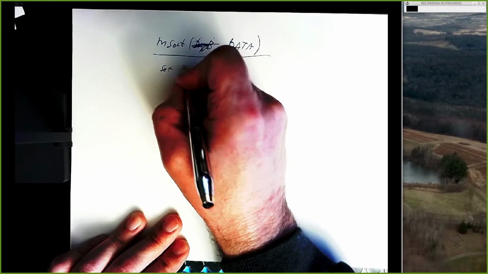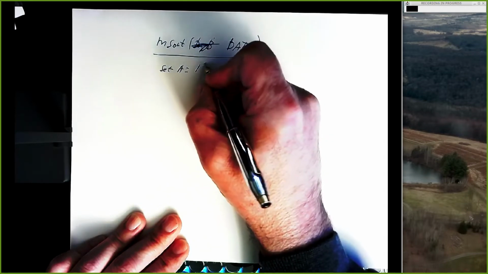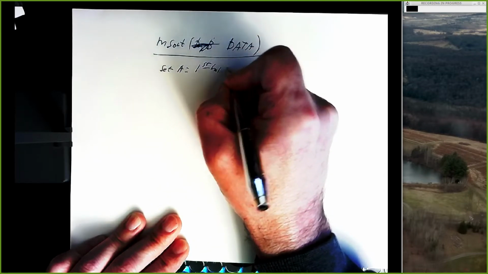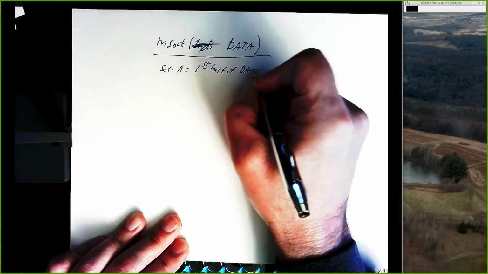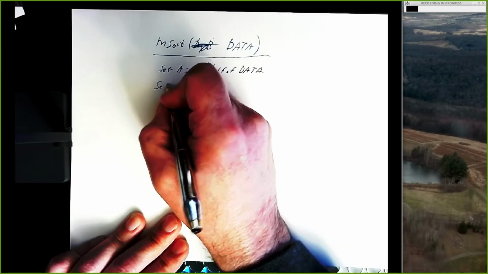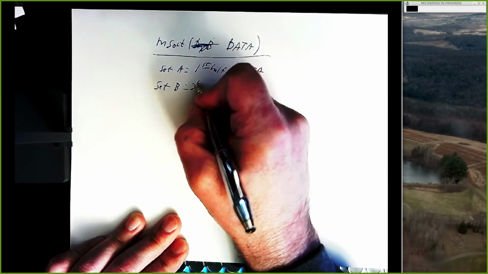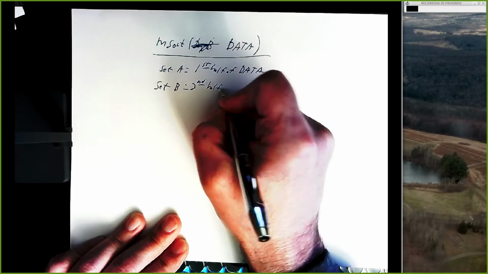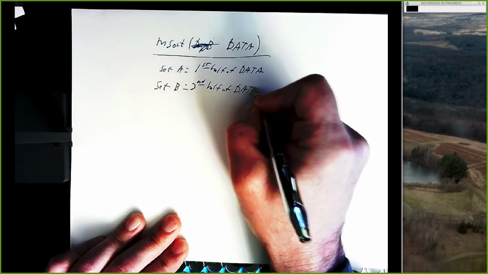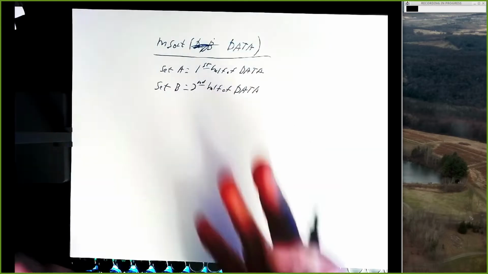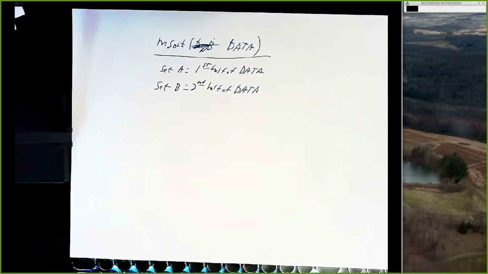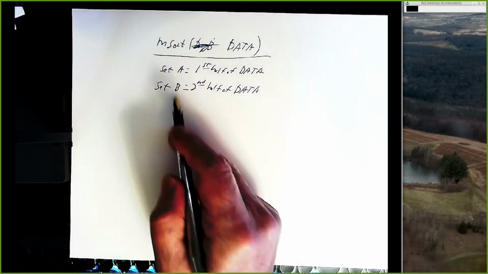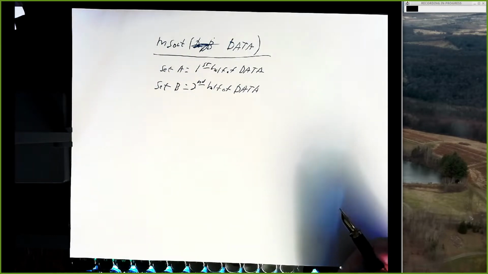So set A equal to first half of data. Set B equal to the second half of data. And if there's an odd number of things, one of them will be a little bit longer than the other. But basically break my data into 2 pieces. I'm going to set A to that first piece, B to that second piece.